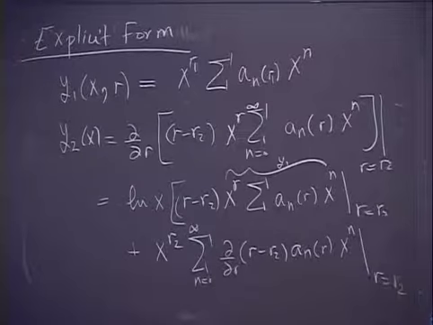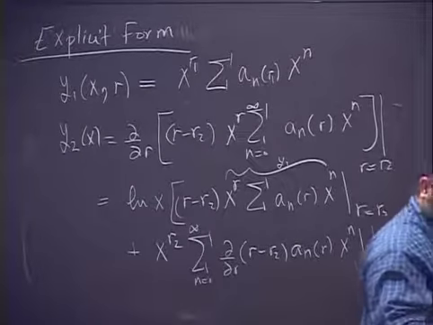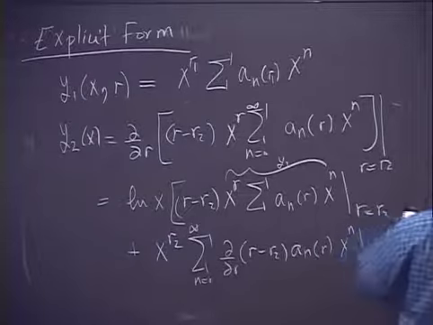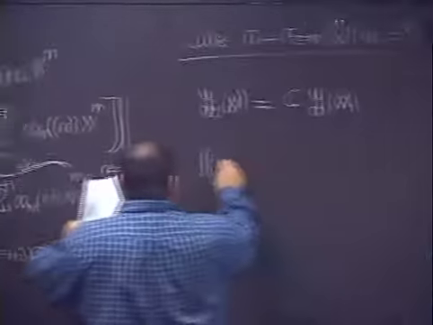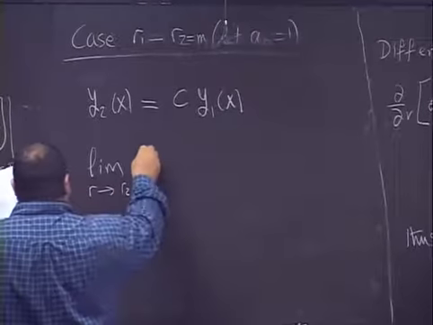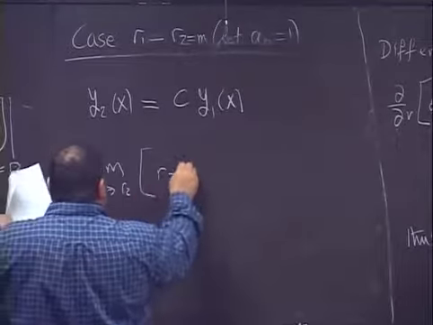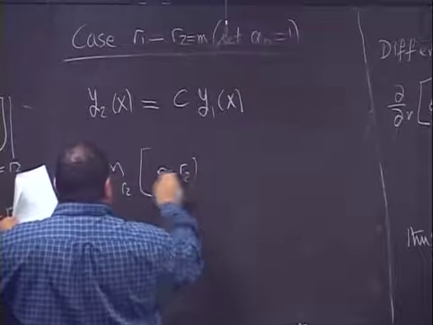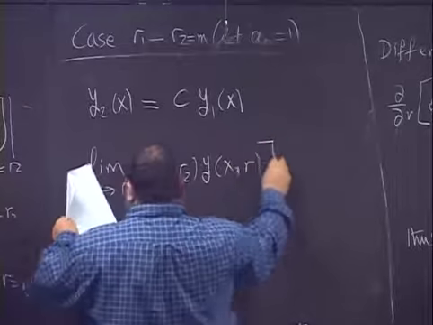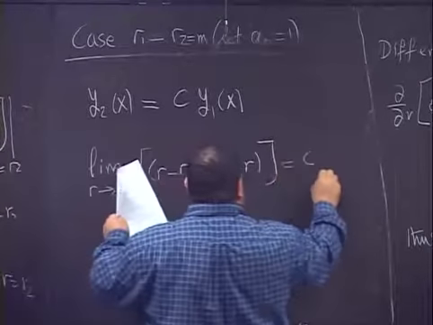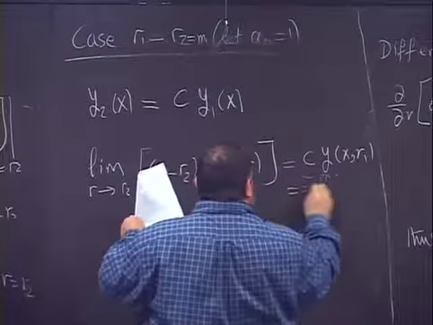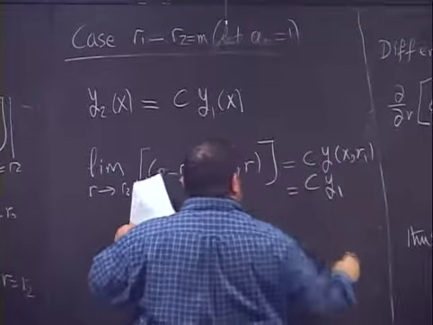It will not give 0 because of the formula. I have to write the formula again, that you have to take the limit when r goes to r2 of (r minus r2) y of x and r. I just showed you that this will give us c multiplied by y of x and r1, and this will give you c multiplied by y1.